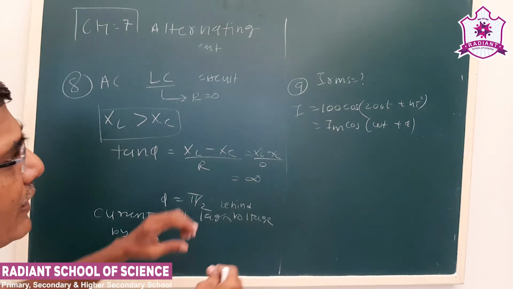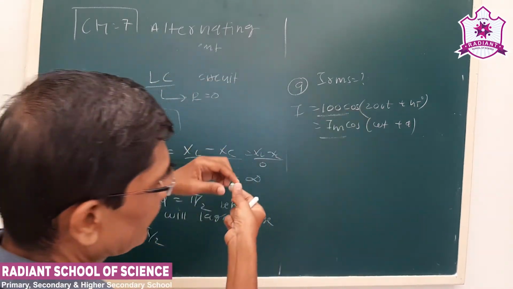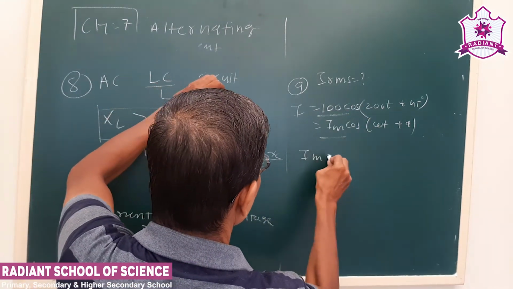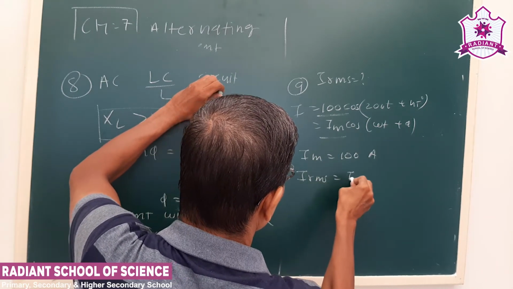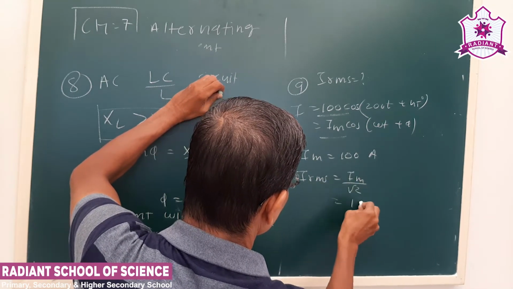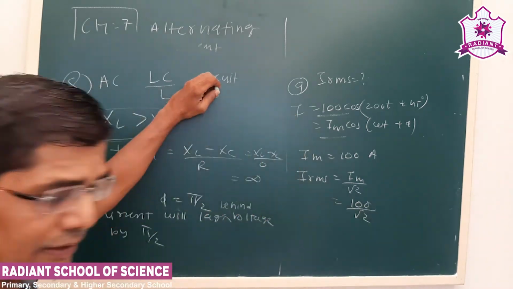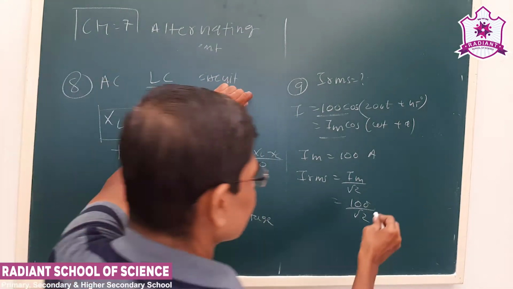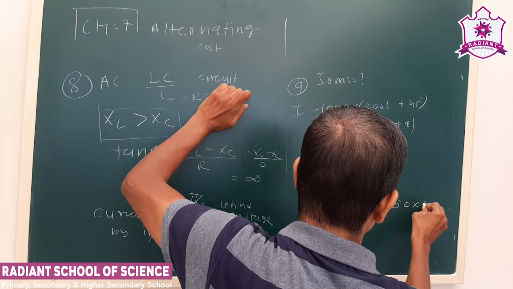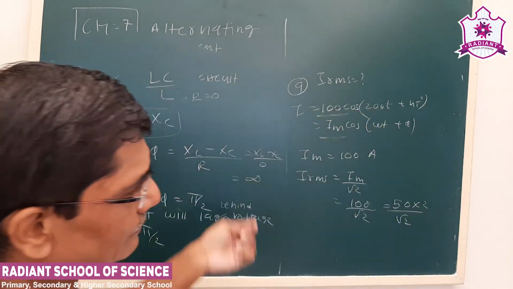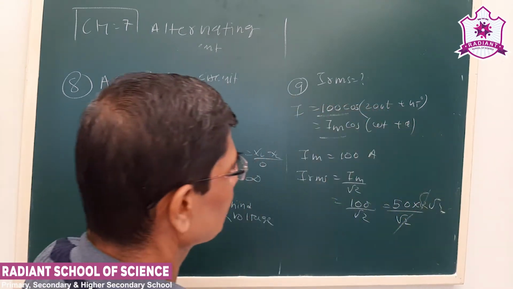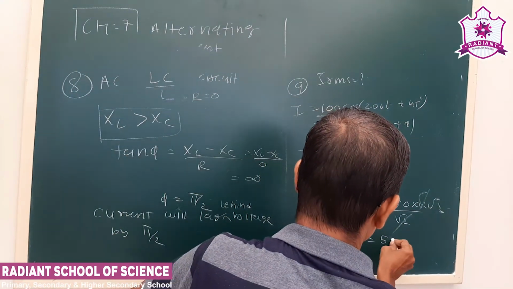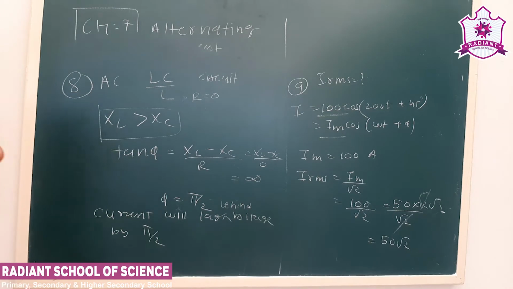So what is the value of Im here? 100 ampere. IRMS will be Im upon root 2. Okay, now we can write, and we do some rationalization. Root 2 is, okay, so IRMS will be 50 upon root 2. Okay, this is how we can solve.